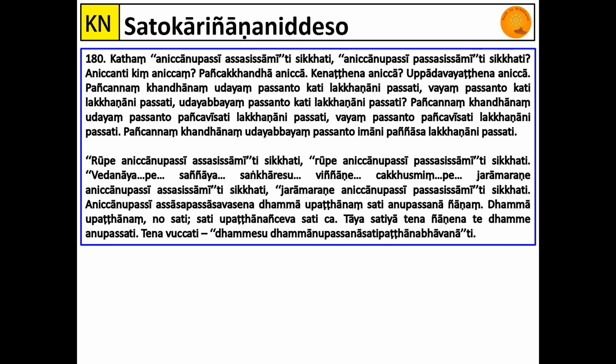Avidya Samudaya, Rupa Samudaya. Tanha Samudaya, Rupa Samudaya. Karma Samudaya, Rupa Samudaya. Ahara Samudaya, Rupa Samudaya. Nibbati Lakkanam, Rupa Samudaya. So the same way, Vedana: Avidya Samudaya, Vedana Samudaya. Trishna Samudaya, Vedana Samudaya. Karma Samudaya, Vedana Samudaya. Ahara Samudaya, Vedana Samudaya. Nibbati Lakkanam, Vedana Samudaya. So these 5 can be applied to all the 5 aggregates.